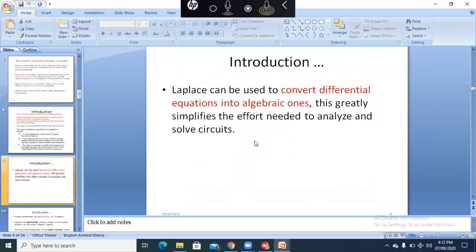We are also able to convert differential equations into algebraic ones with the help of the Laplace transform. Solving a differential equation is difficult, but if we convert it into an algebraic one, we can greatly simplify the effort needed to analyze and solve circuits.